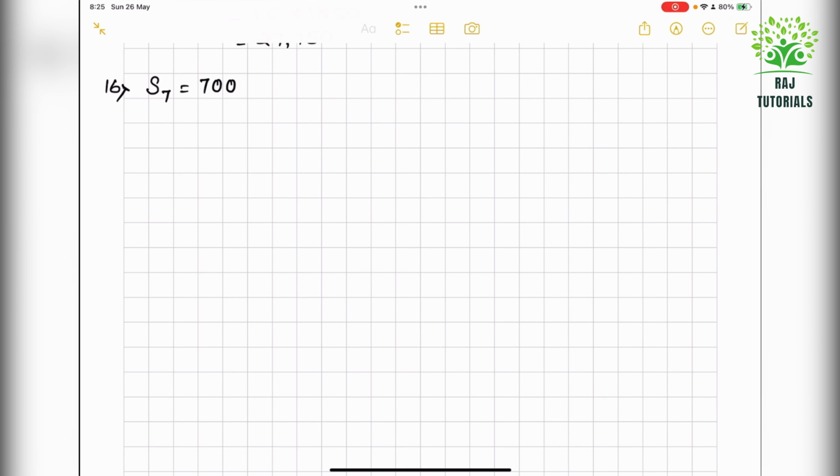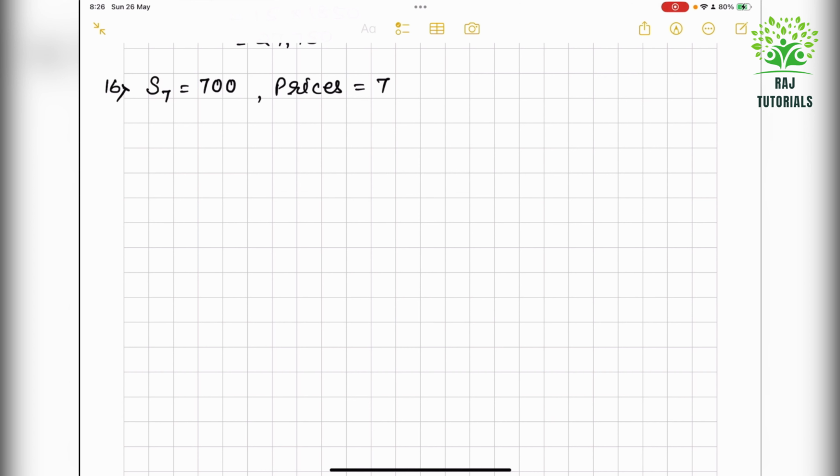Now the next one is, a sum of rupees 700 is to be used to give 7 cash prizes. So prizes are 7 and total sum is 700. So S7 is 700, to students of a school for their overall academic performance.